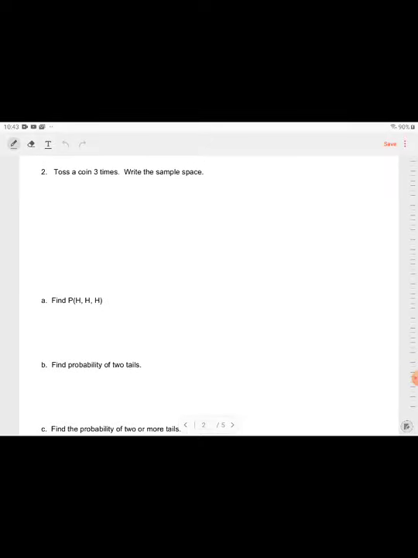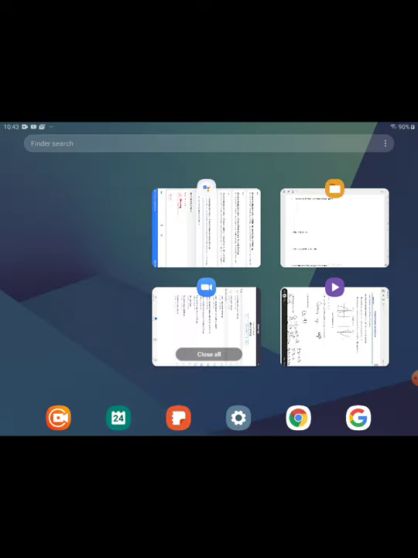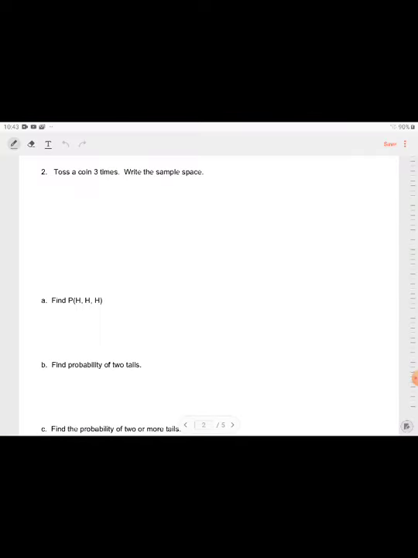Okay. We want to toss a coin 3 times and write the sample space. So on the first toss, you can get a heads or a tail. The second toss, you can get, again, a head or a tail.